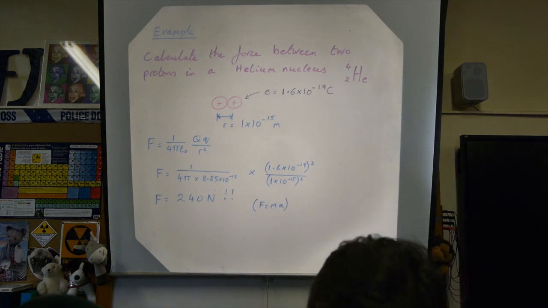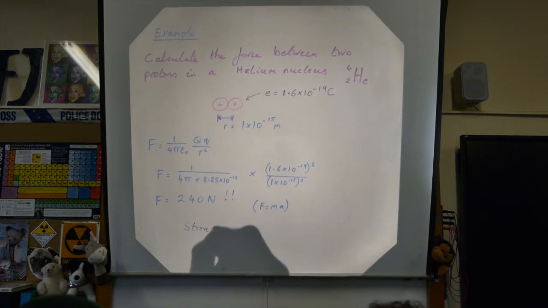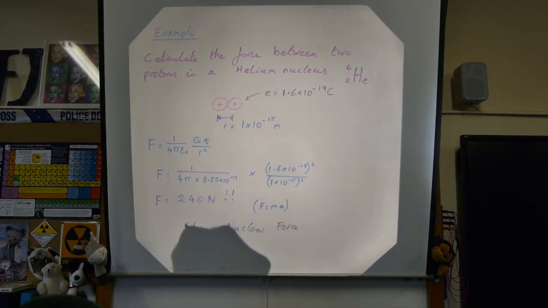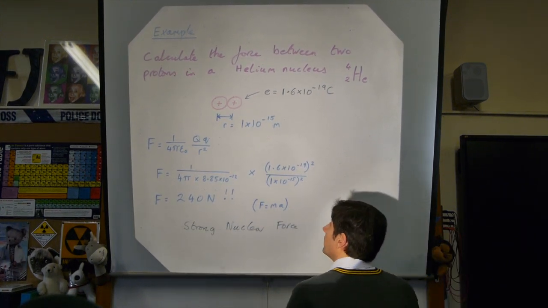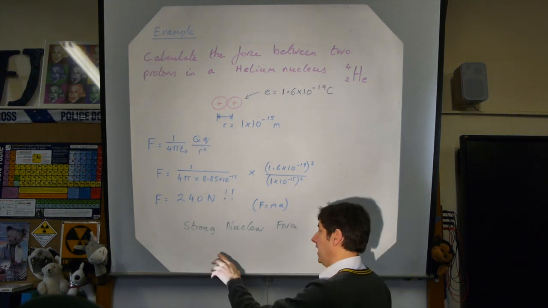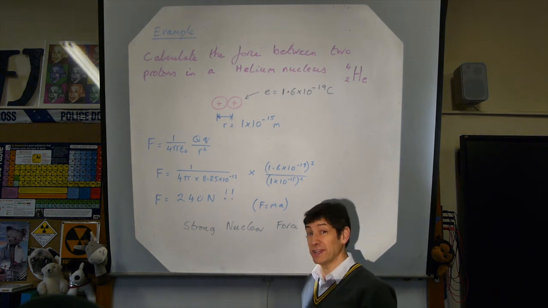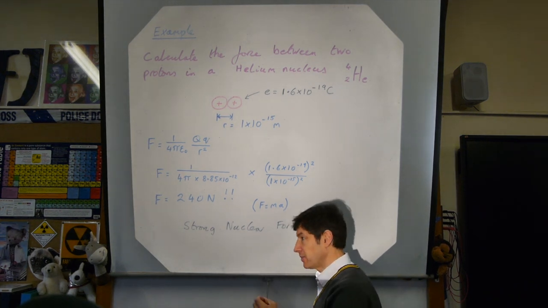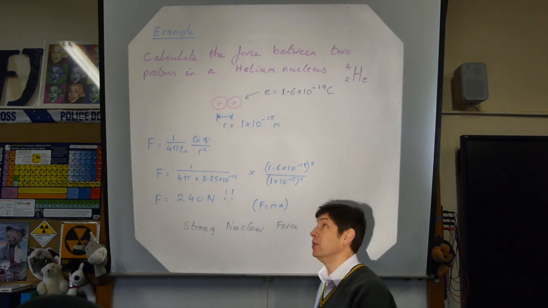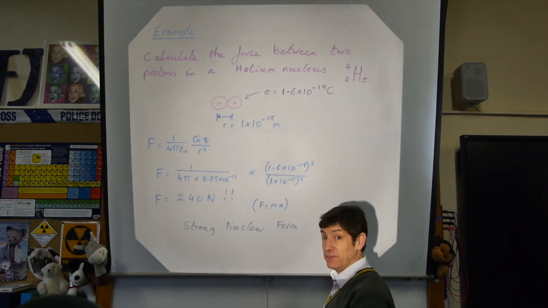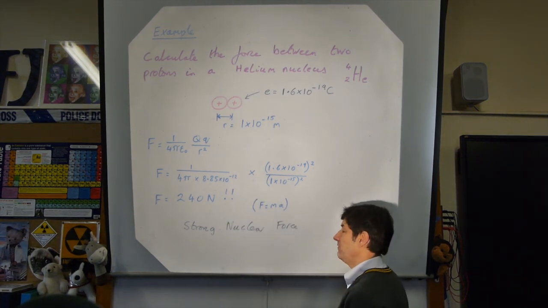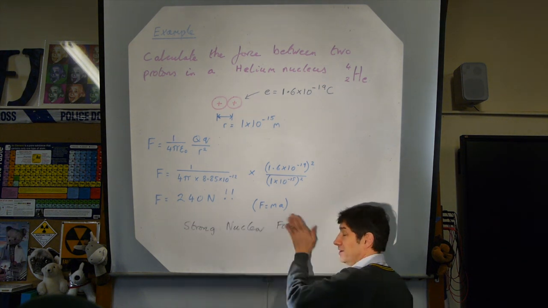So I'm just going to write here strong nuclear force, because this would be a good example of a calculation to account for the fact there are very strong attractive forces in the nucleus holding it together. And the strong nuclear force is felt by neutrons as well. So the neutrons in here play a part. They do not play a part with the Coulomb repulsion.